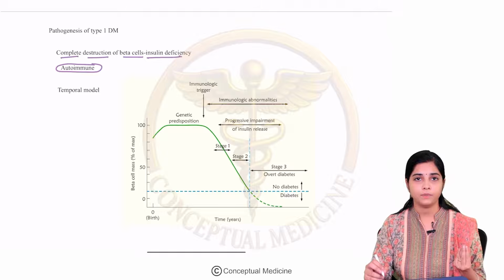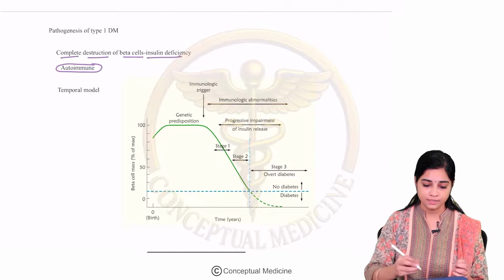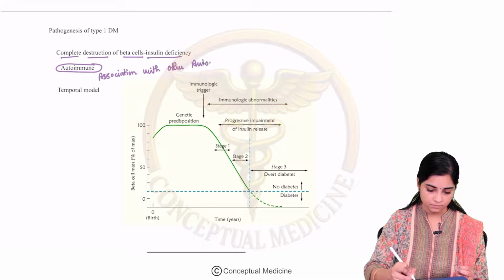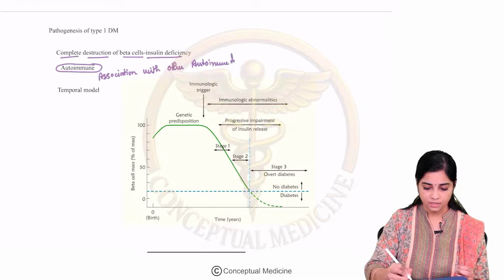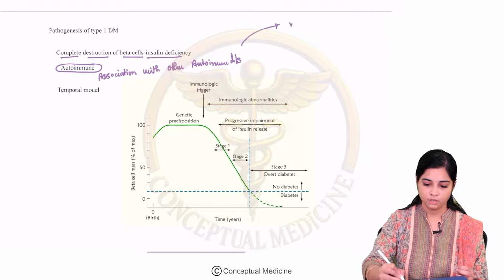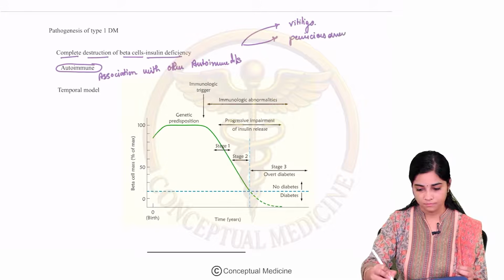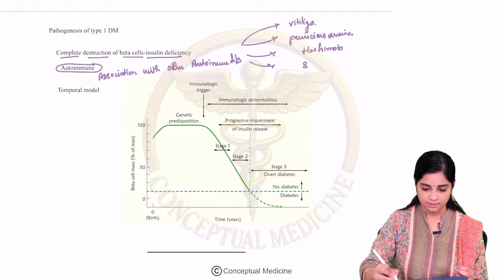In type 1 diabetes mellitus, there is association with other autoimmune disorders like what? Vitiligo, pernicious anemia, Hashimoto's thyroiditis, or even SLE.